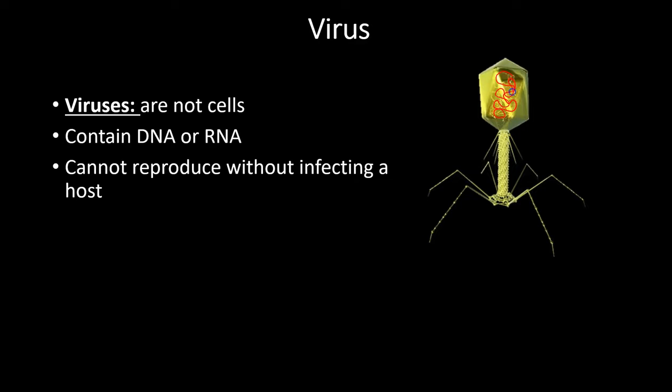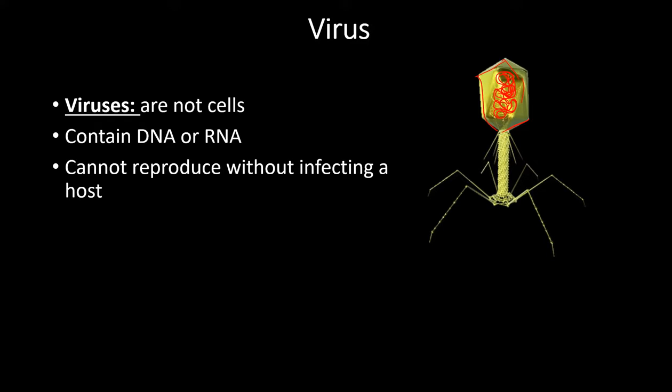These coils, those strands, are their DNA or RNA. What's surrounding that actually is not a cell membrane. It is just a protein coat. So they don't have a cell membrane like the other cell types do. We'll talk more about that next week. Basically, all a virus is, is a protein coat with DNA or RNA inside of it.